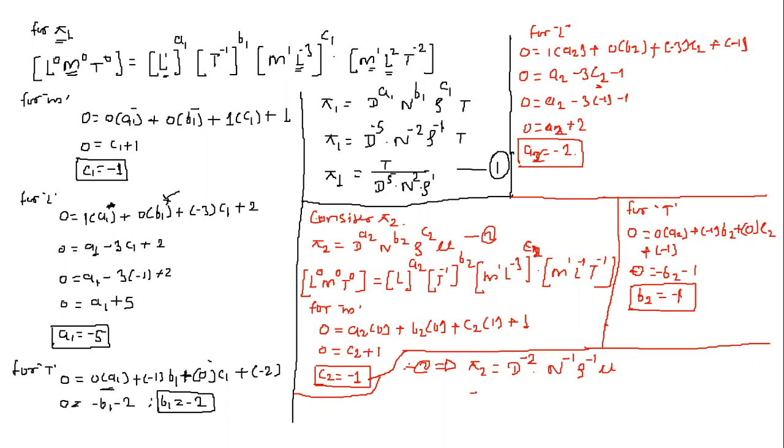That is, the pi 2 term will be equal to, taking negative powers in the denominator and positive powers in the numerator, mu upon d square n raised to 1, into density raised to 1. So this is the functional form for pi 2.